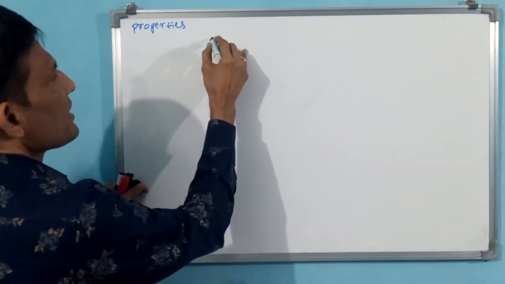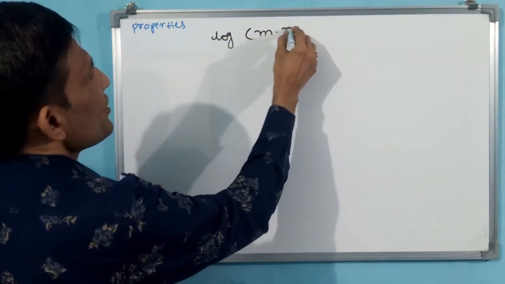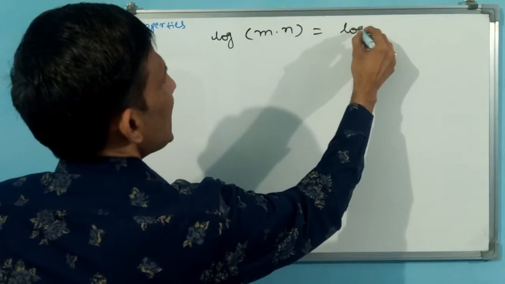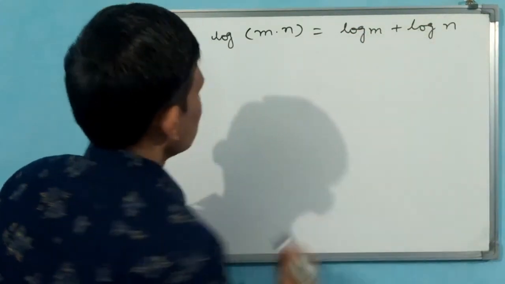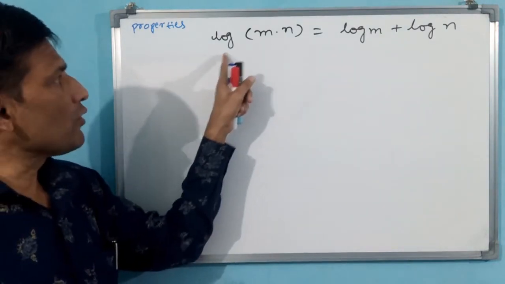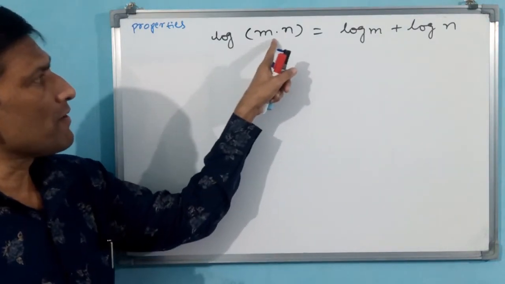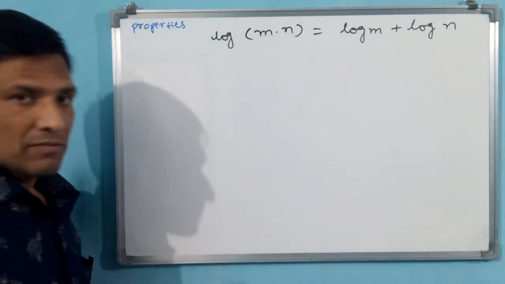Okay, you see what I am writing. Log of m into n is equal to log m plus log n. This is one property. That means m into n is there, but log you can keep outside. Log of m into n is equal to log m plus log n. Okay, this is one property.